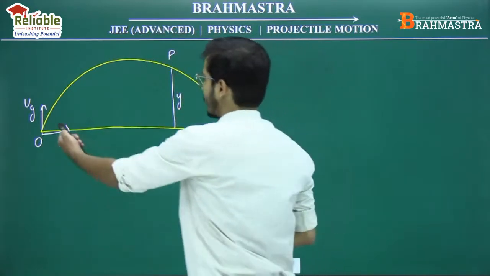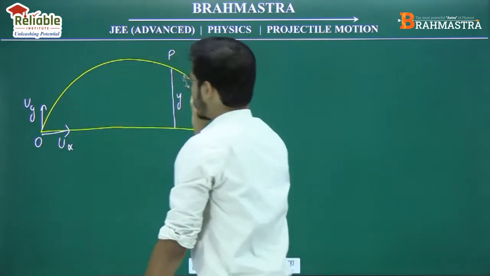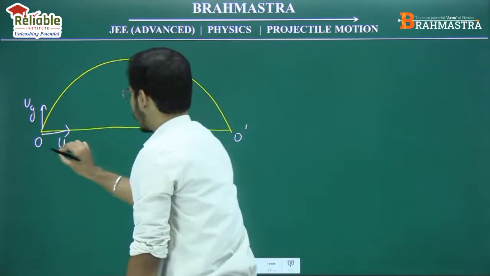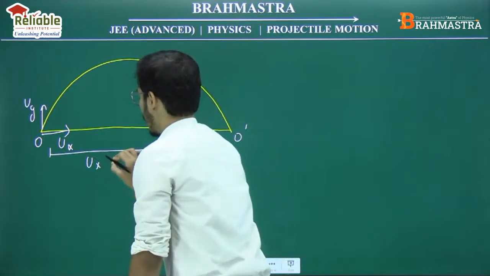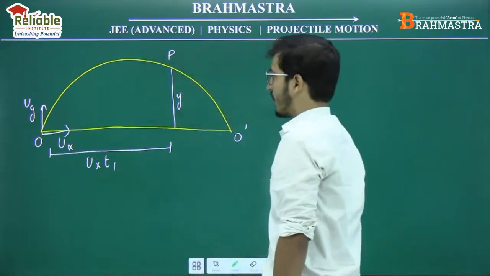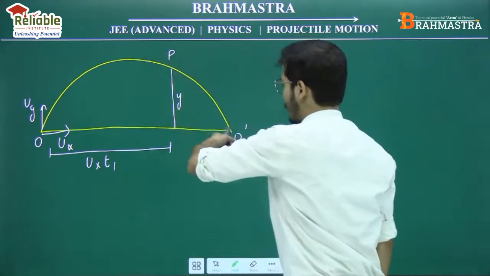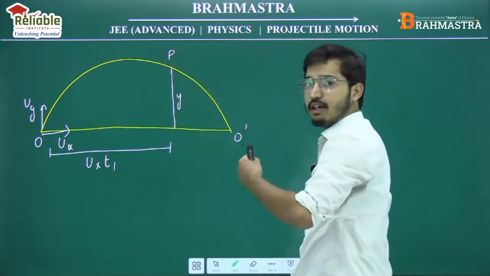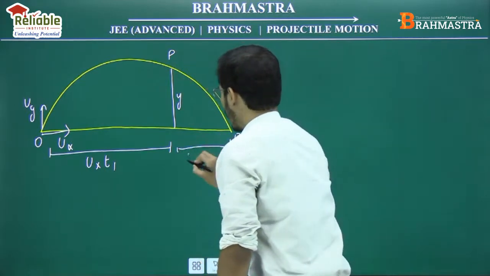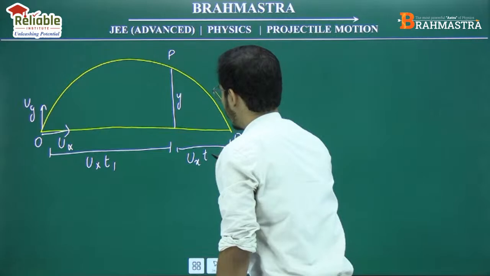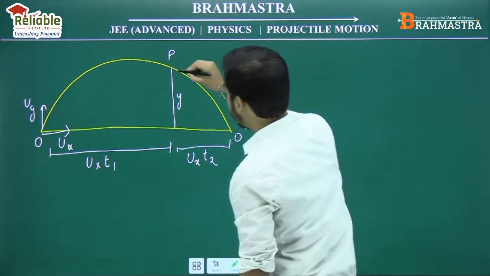So the time taken to reach from O to P is t1. This distance is going to be ux t1, right? And then this distance is going to be covered in t2 seconds, so this distance I can write as ux into t2. Okay, now look at the angles.